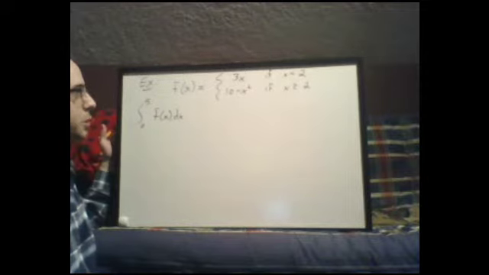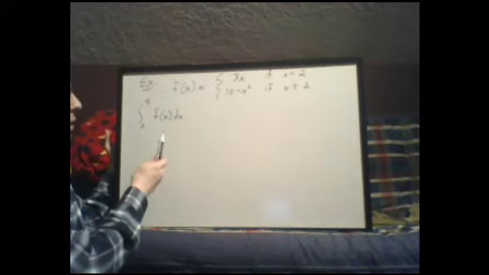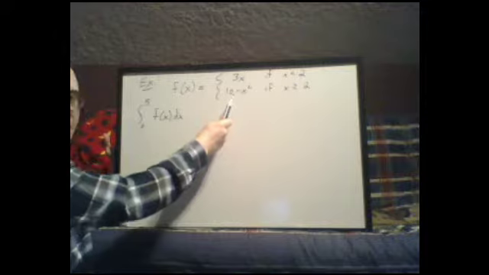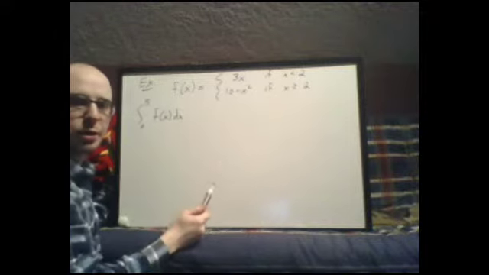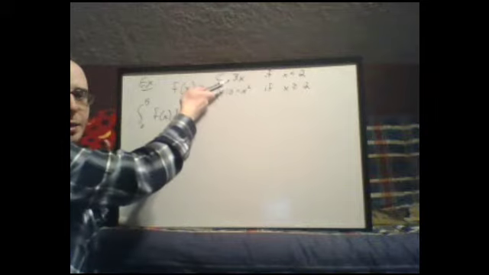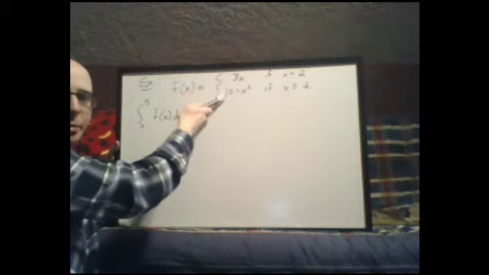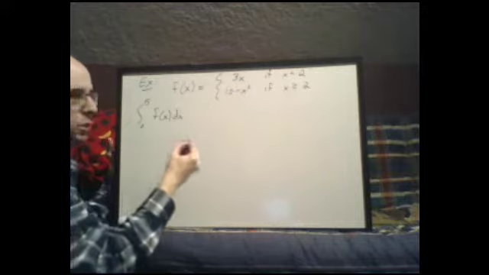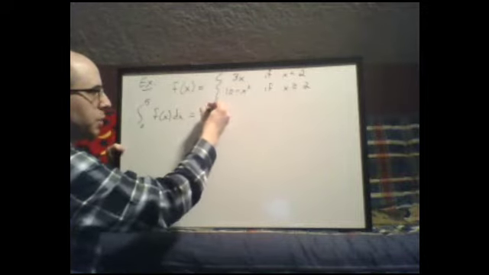Okay, so the issue is this function changes once you hit 2. Before x is at 2, it's 3x. After 2, it's 10 minus x squared. So what I want to do is split up my integral at 2.